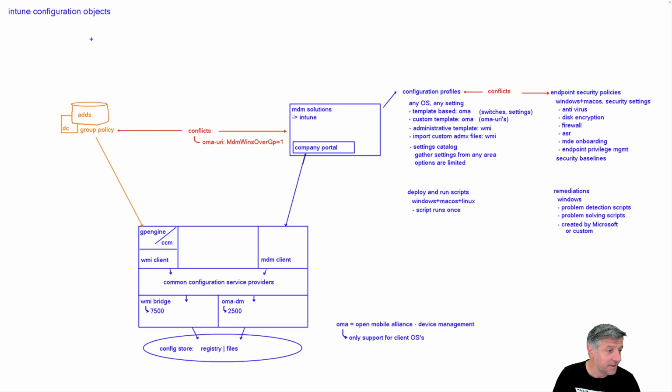These are the Intune configuration objects. That, by the way, goes besides something that we haven't covered yet, but we'll do that in a later stage. This is next to, for example, objects to deploy applications or deploy updates. And this also does not cover compliance policies yet.